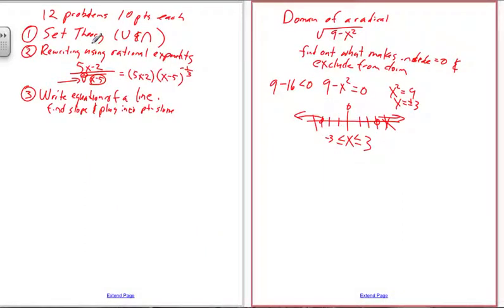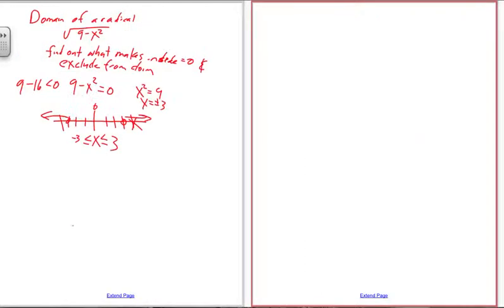Okay, so what do we do then if we take this guy and I put it in the denominator? It's still the same idea. You figure out what makes this equal 0, and we've already done this.